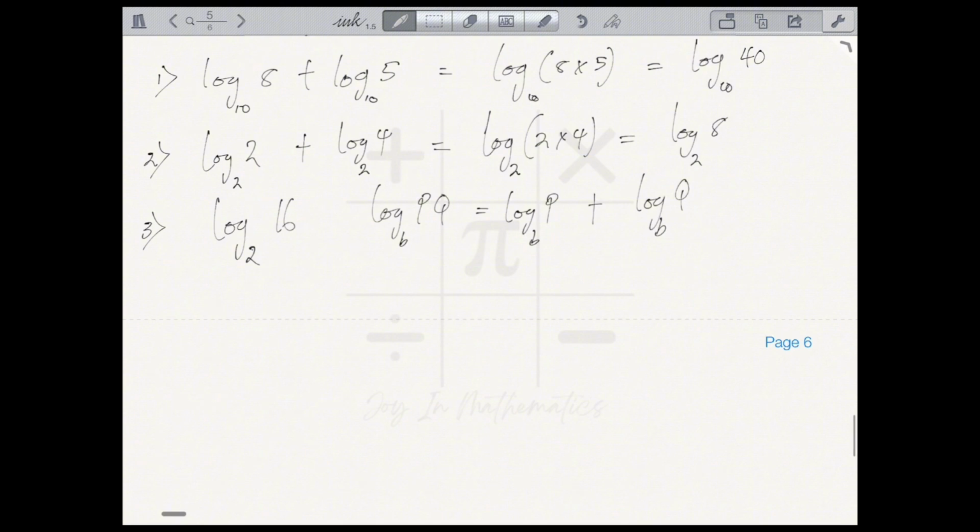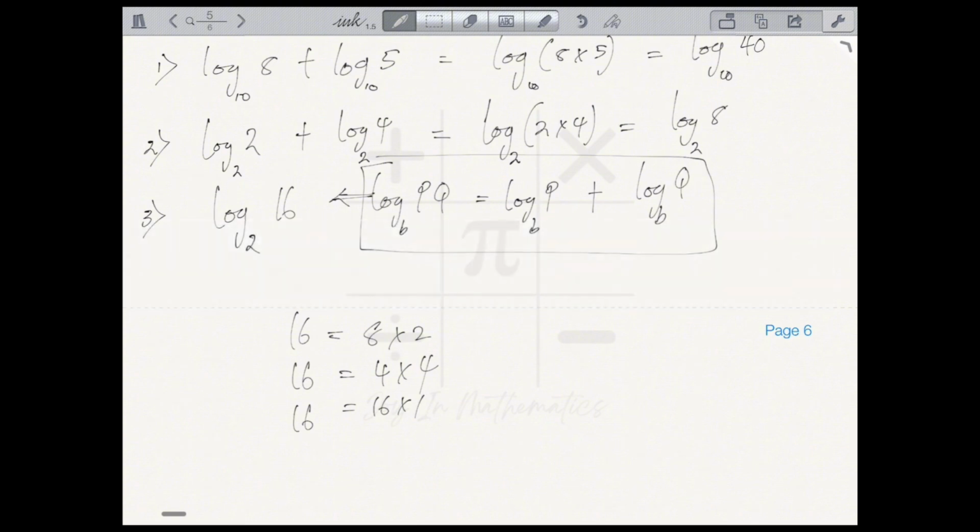Applying the addition law here to log 16 means we look for multiples of 16. 16 can be 8 times 2, 16 can be 4 times 4, 16 can also be 16 times 1.